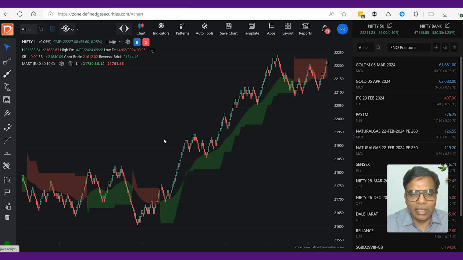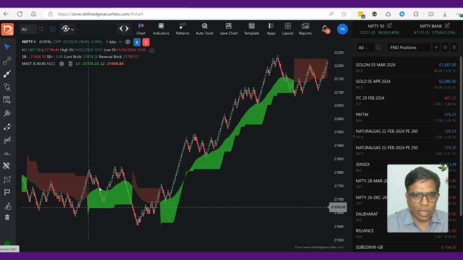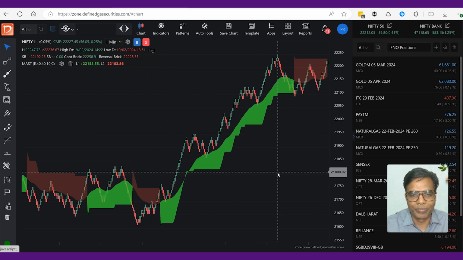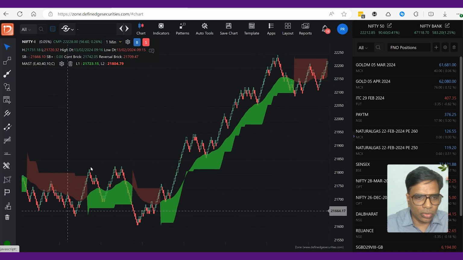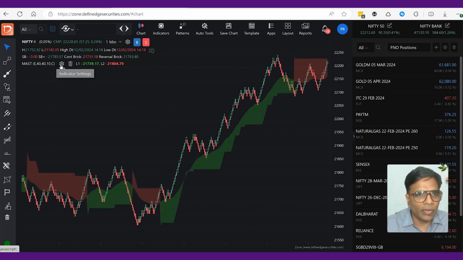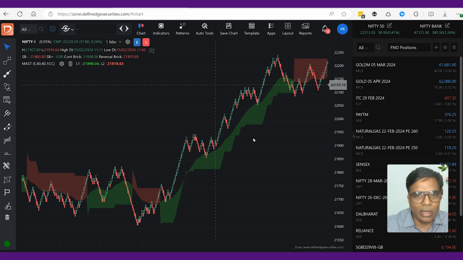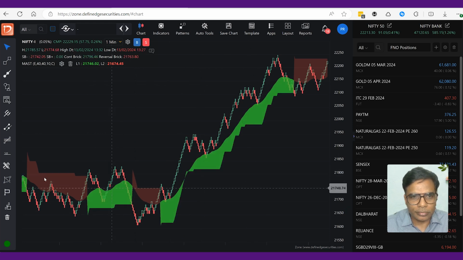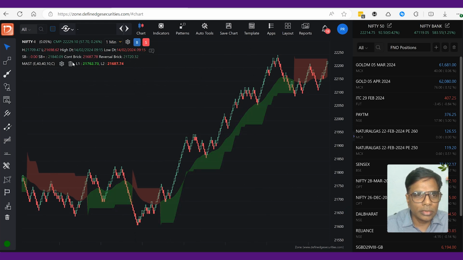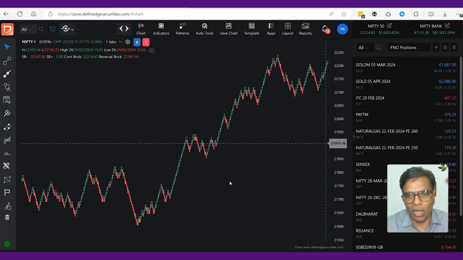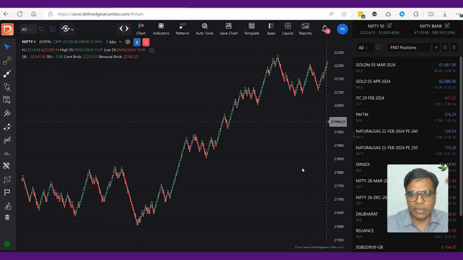And in this system we have a cloud like this, and we call this the MAST Cloud. This is a Renko chart, and let me check if I can hide this. Okay, yeah. So this is a simple Renko system, right?